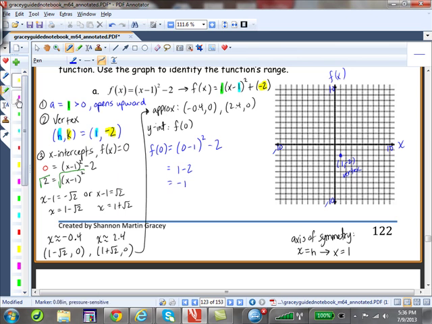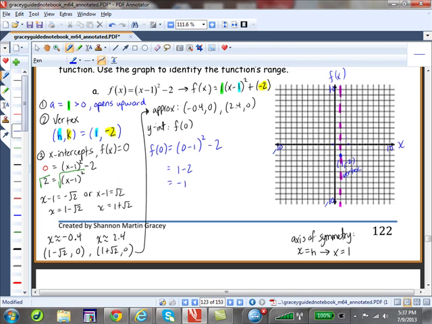Our axis of symmetry, that's important to do early, is going to be at x equal to 1. And we got our x-intercepts at approximately negative 0.40 and 2.40. So negative 0.4 will be about here, and 2.4 about here.